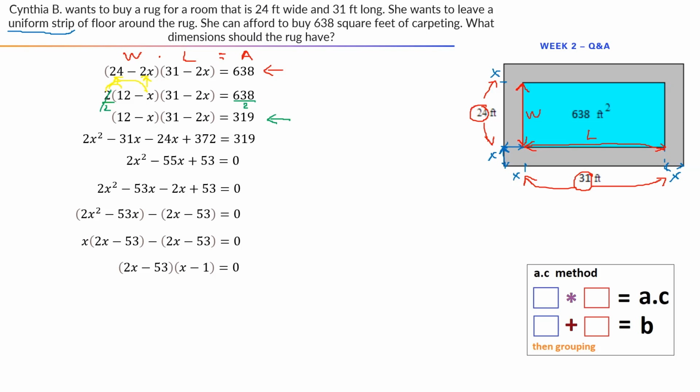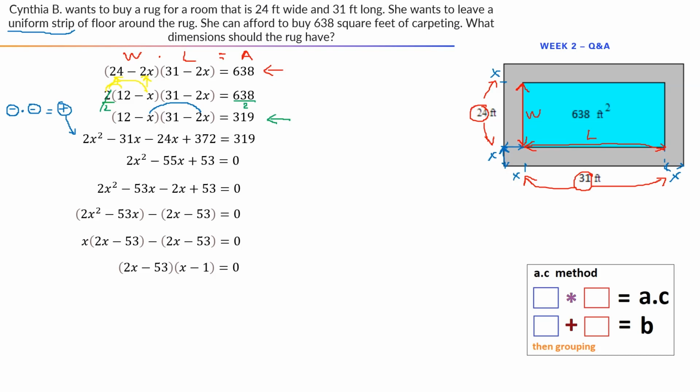Alright, now I distribute. So the first term I go with is negative x times negative 2x. So remember the negative multiplied by the negative produces positive. So that's why I have positive right here. So x times 2x is positive 2x squared.